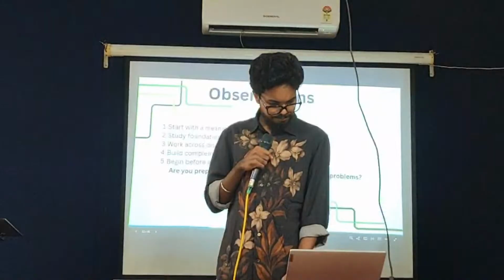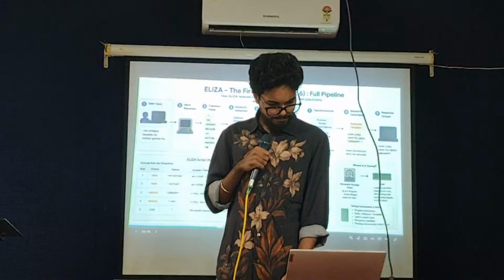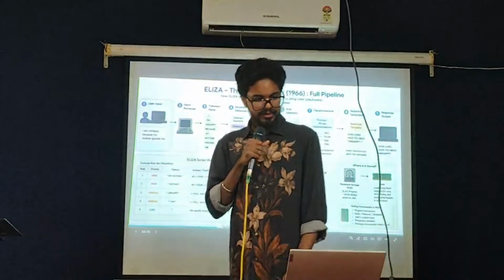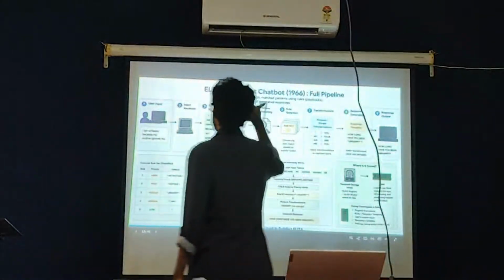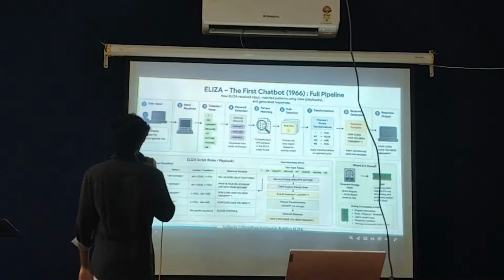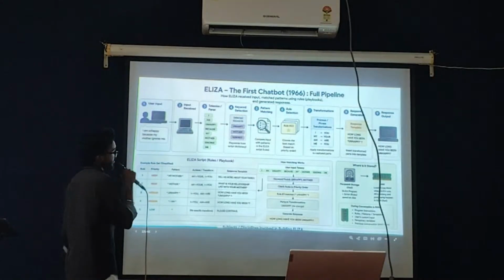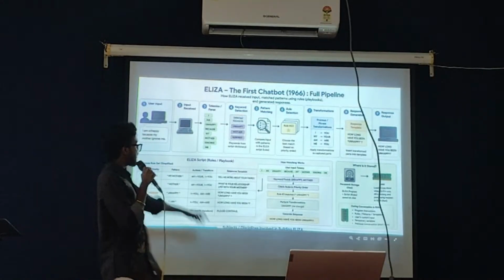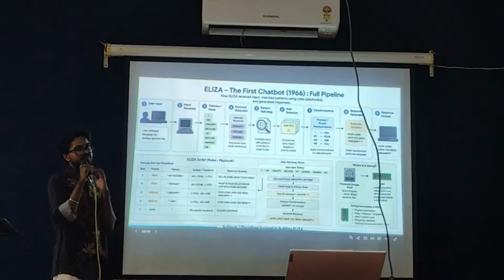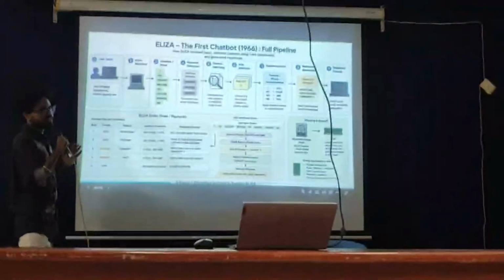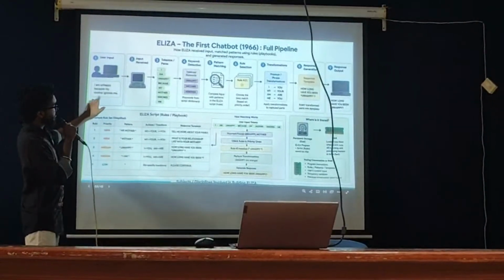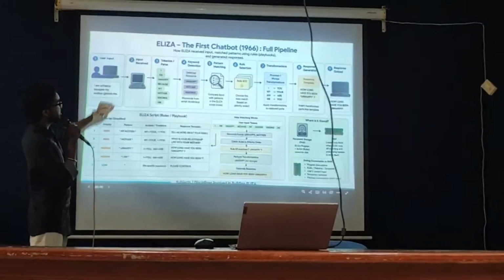This is ELIZA, the first chatbot's full pipeline. You can see the user has typed, "I'm unhappy because my mother ignores me." In this sentence, you may find keywords. Here, mother is a keyword and ignores is a decision.